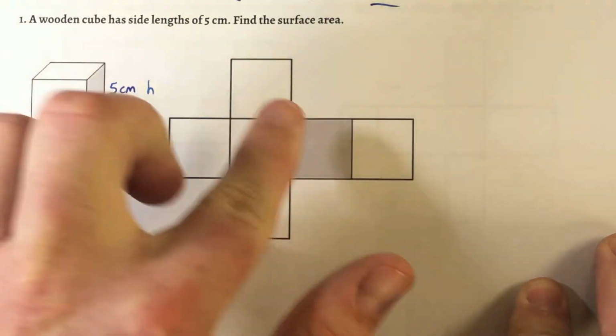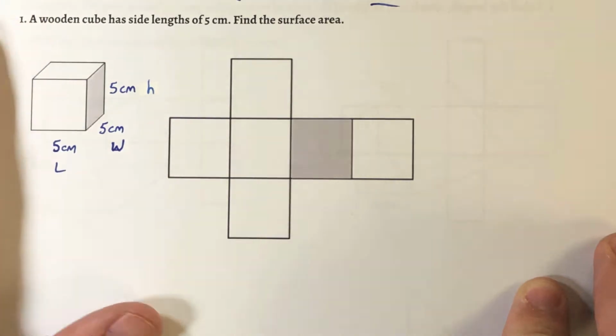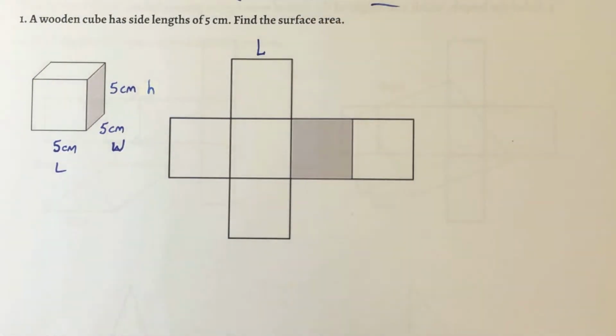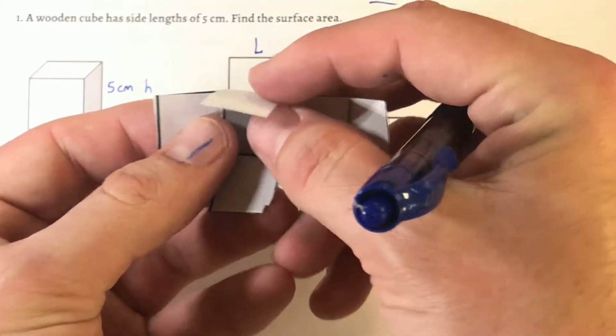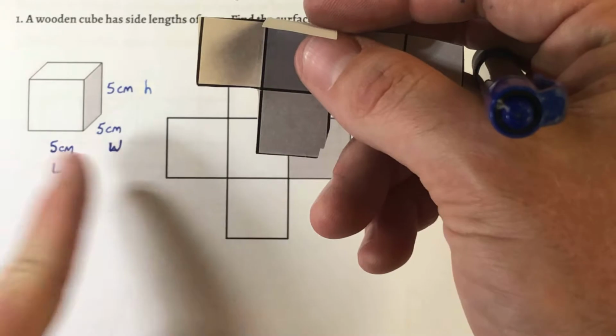Okay, so this also has a pretty standard setup or labeling process. So I want these numbers on here. For a cube, that's going to be easy, but we're going to practice. This right here is going to be your length, because if I fold that downwards, that distance long ways in front of me would be my length right there.